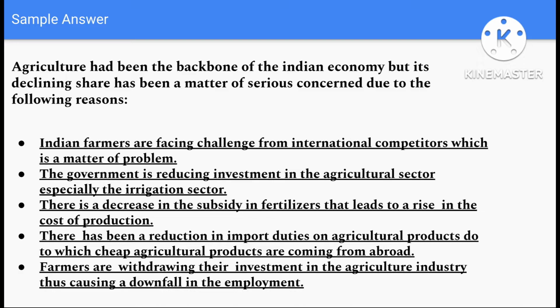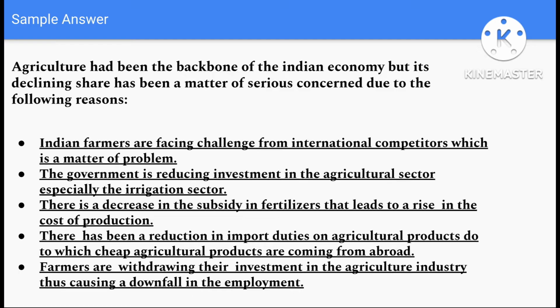Okay, so let's read what I have written. Agriculture had been the backbone of the Indian economy, but its declining share has been a matter of serious concern due to the following reasons. Now, your reasons will explain the declining share in GDP.